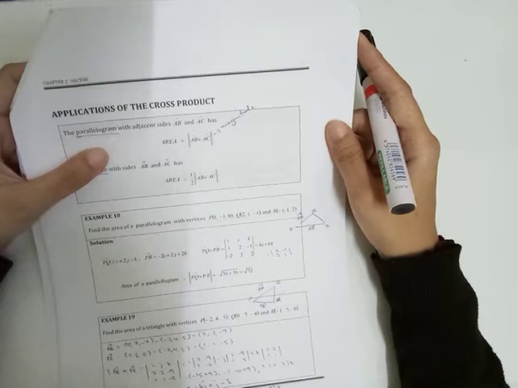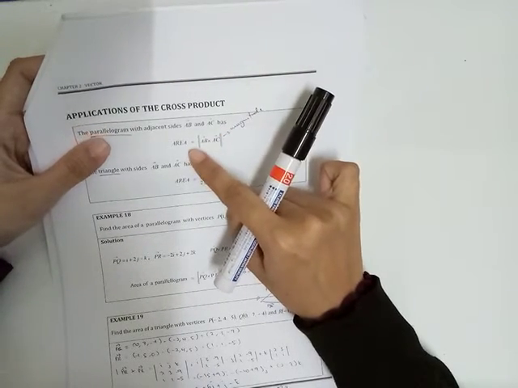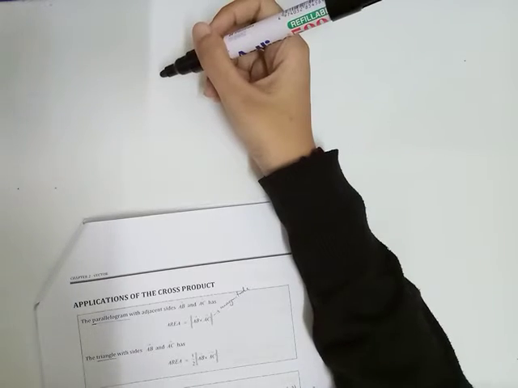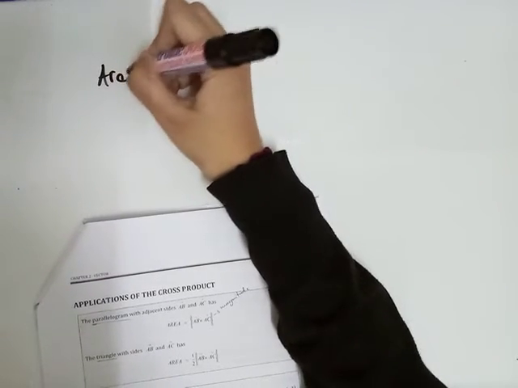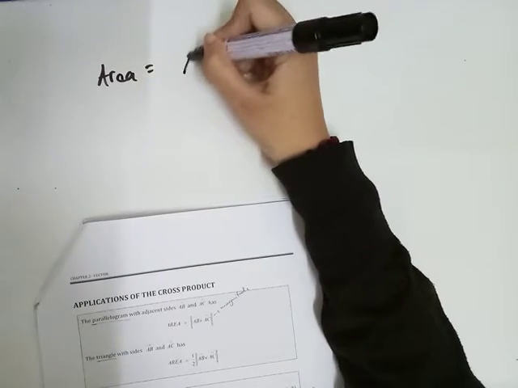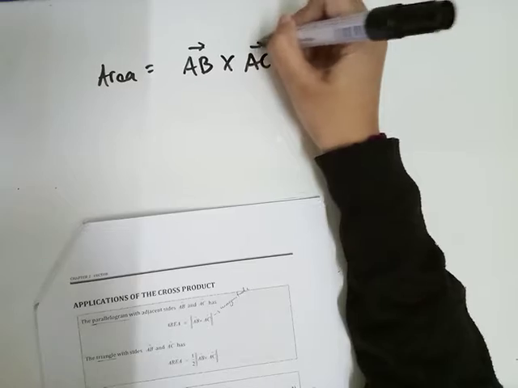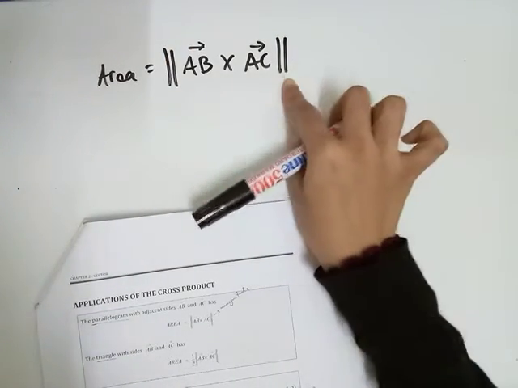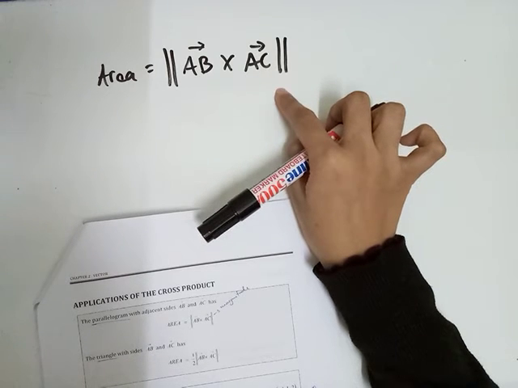We have to use the formula, because we want to find its area. So for a parallelogram, the formula for the area is vector AB cross vector AC, and then this is the magnitude, the double lines that I drew. This is the magnitude or length. Remember how to find the length?